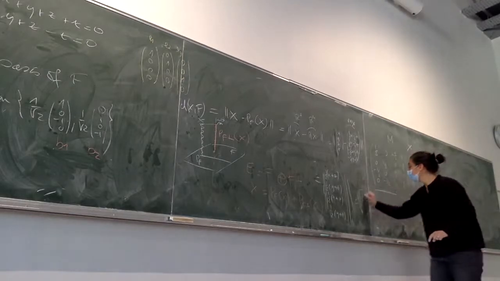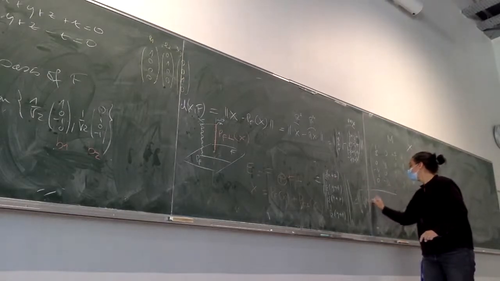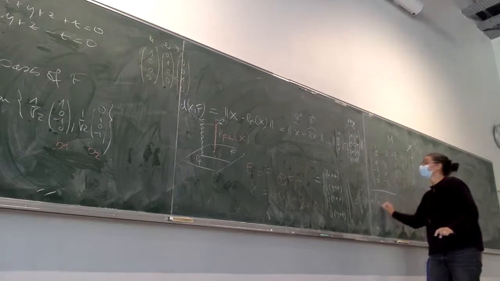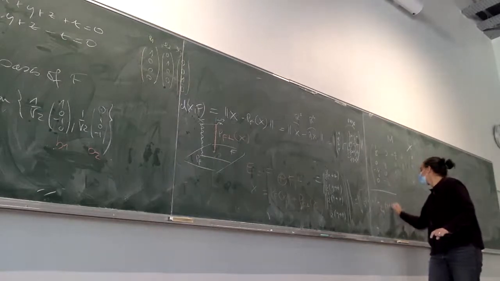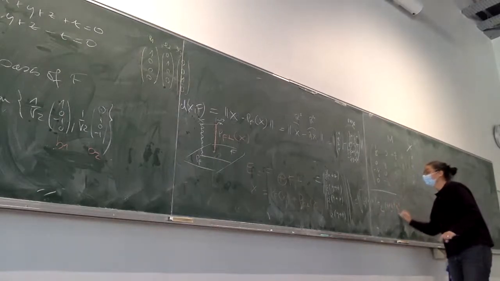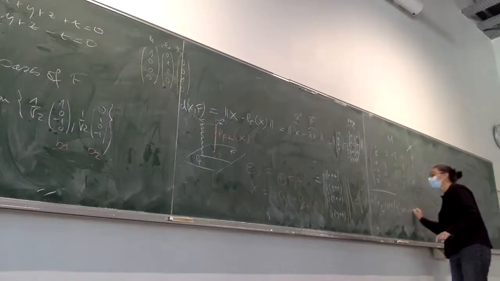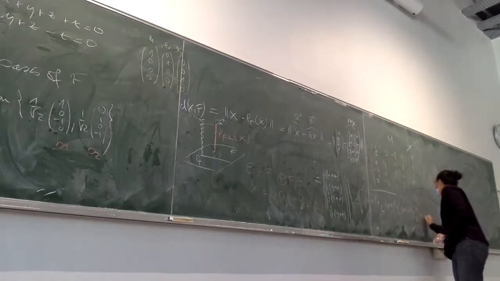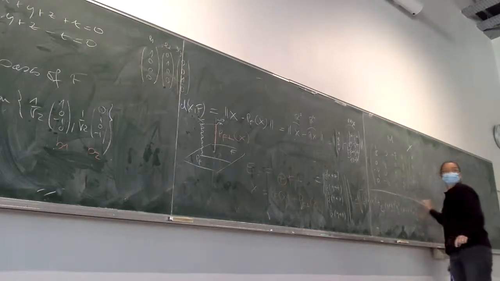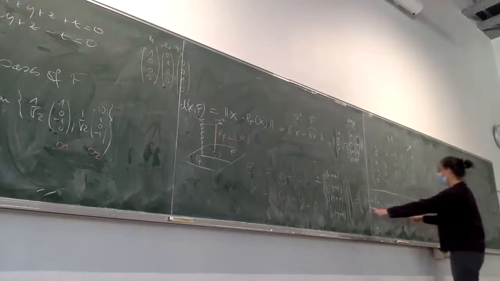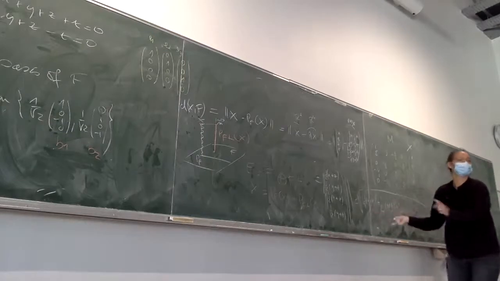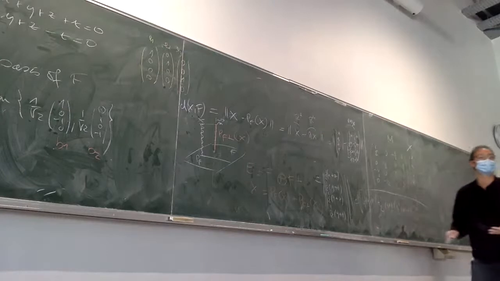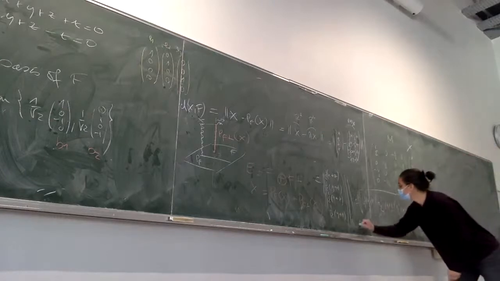So 1/4 (x plus z) squared, 1/4 (y plus t) squared, 1/4 (x plus z) squared, 1/4 (y plus t) squared. I will put together the (x plus z) squared, 1/4 plus 1/4, that's 1/2 of them. Okay?